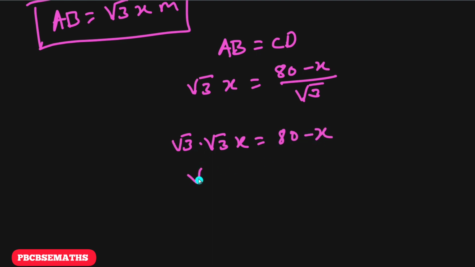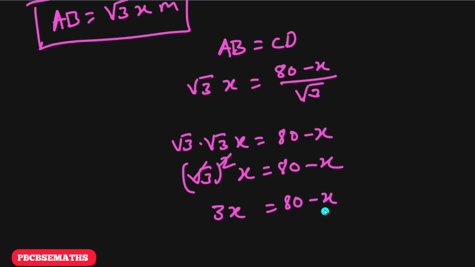Root 3 into root 3 gives you root 3 whole square times x is equal to 80 minus x. Here square and root get cancelled. Then we have 3 times x is equal to 80 minus x. Then shift this minus x to the other side. We have 3x plus x is equal to 80.